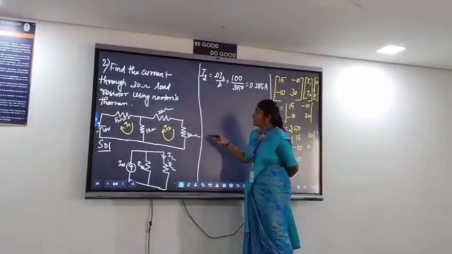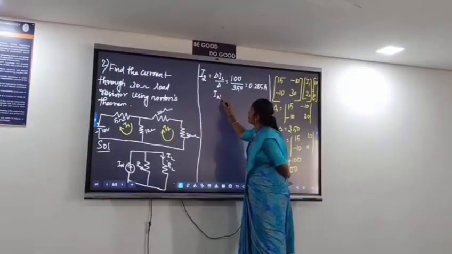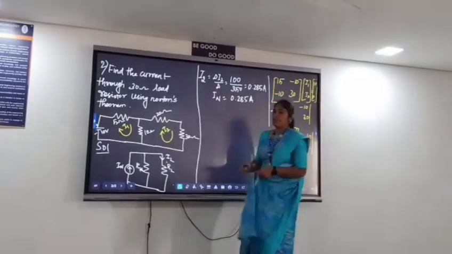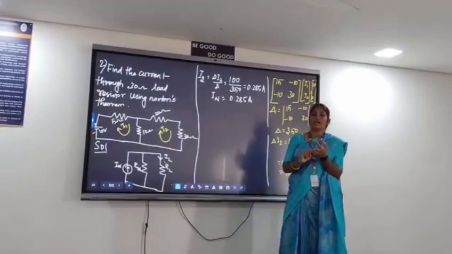I2 is nothing but the IN value, so IN becomes 0.285 ampere.